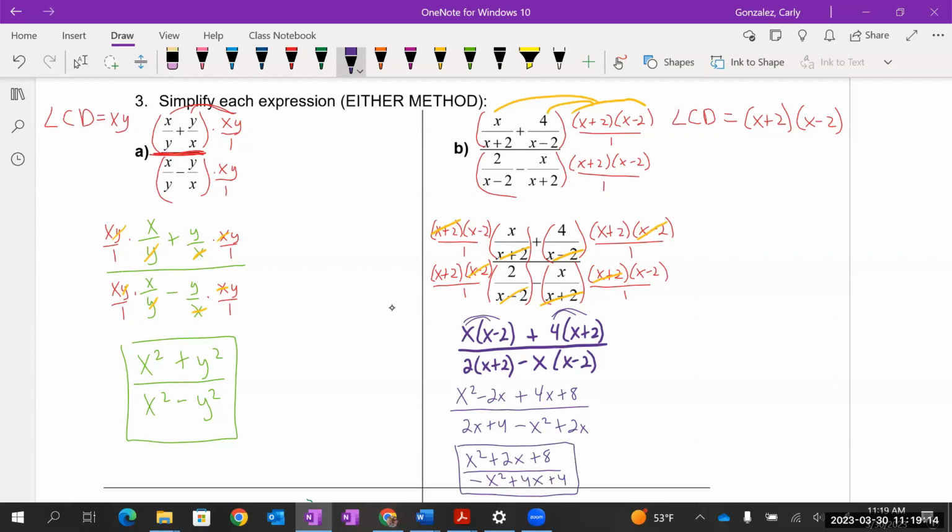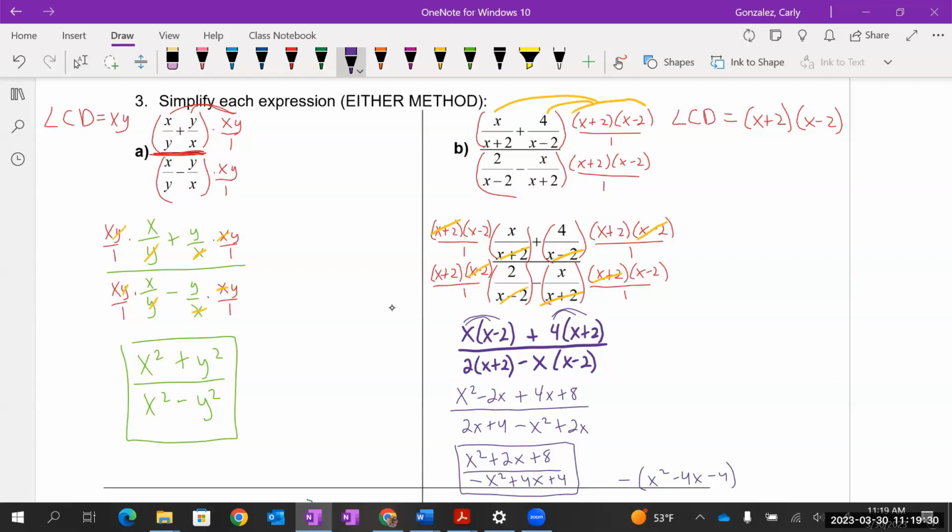If I were to factor the denominator, the first step I would do is factor out the negative, because it's much easier, in my opinion, to factor it if there's no negative in front of your x squared.